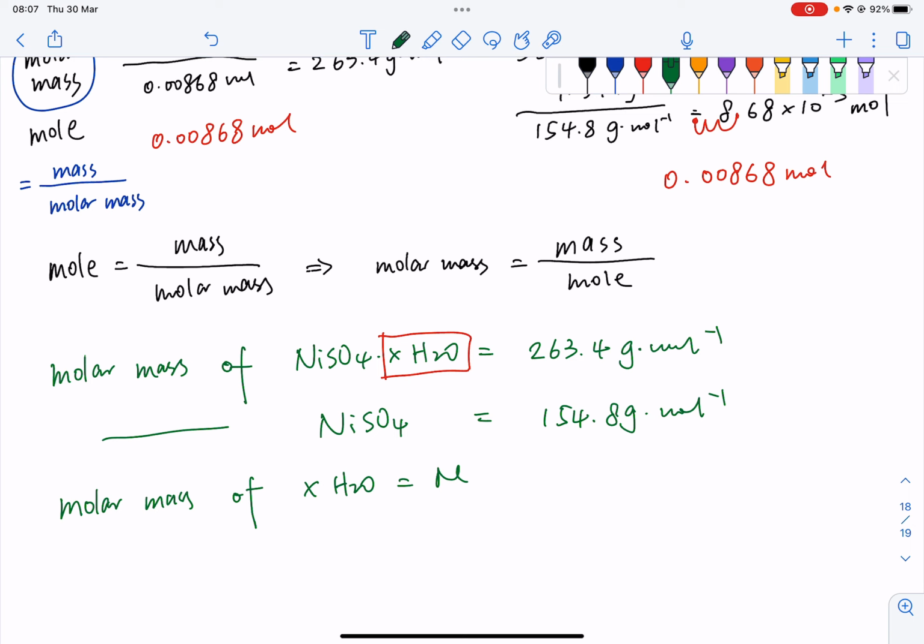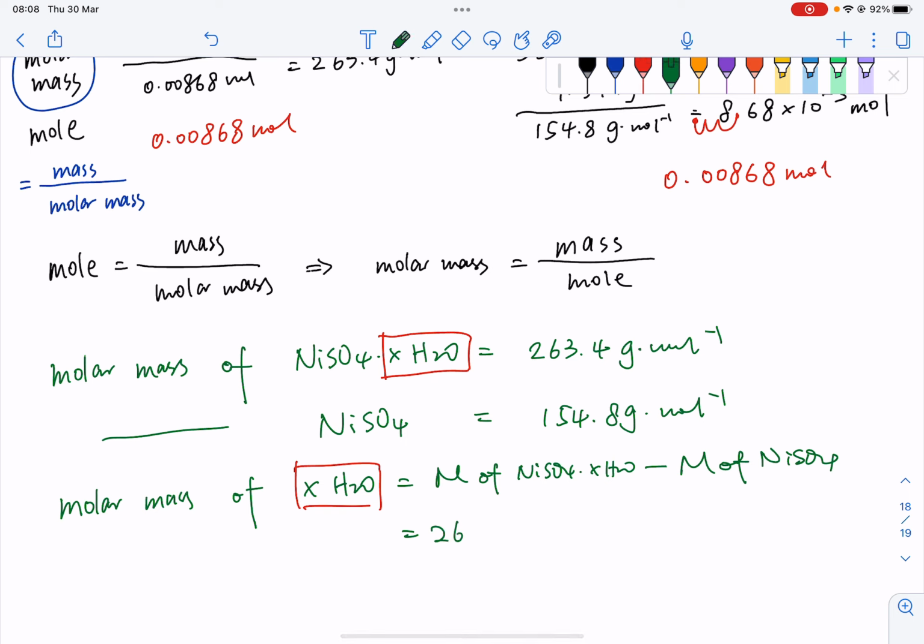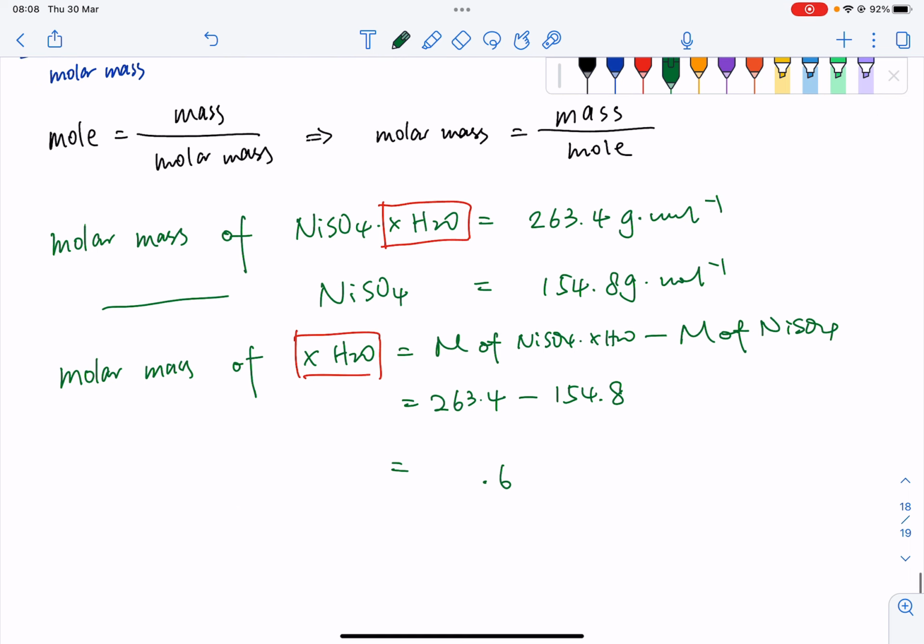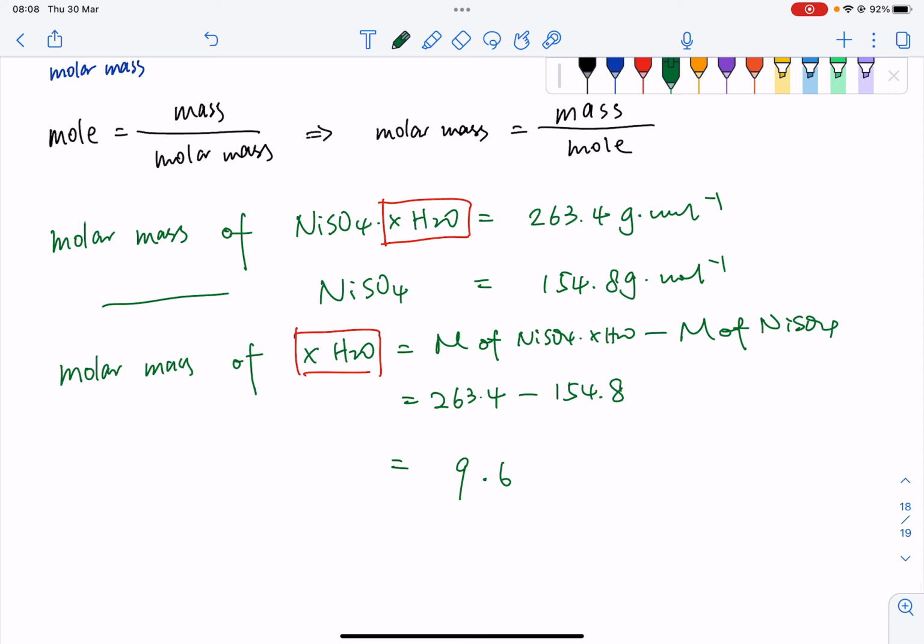I will use capital M to represent the molar mass. The molar mass of nickel sulfate xH2O minus the molar mass of nickel sulfate should be the mass of xH2O. So it's 263.4 minus 154.8.